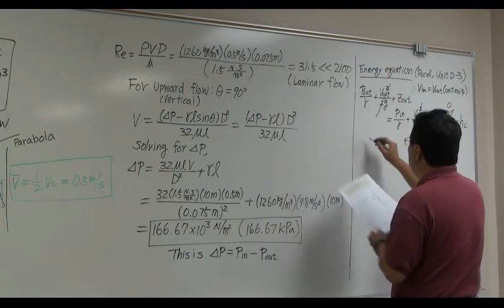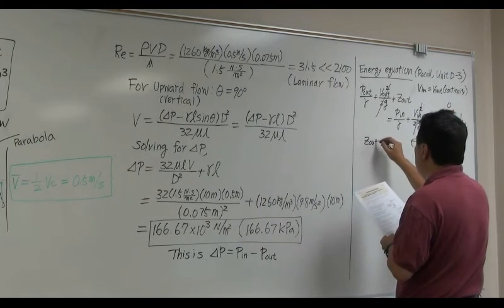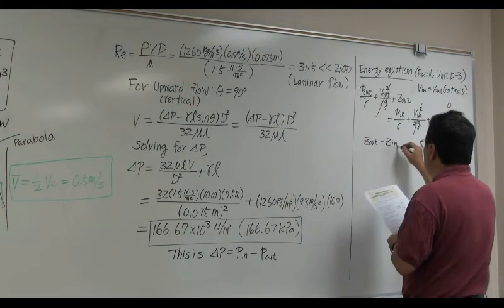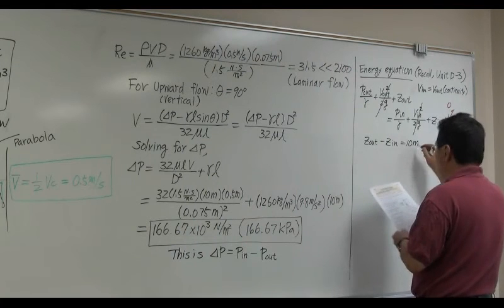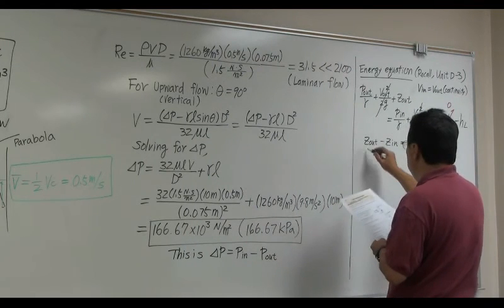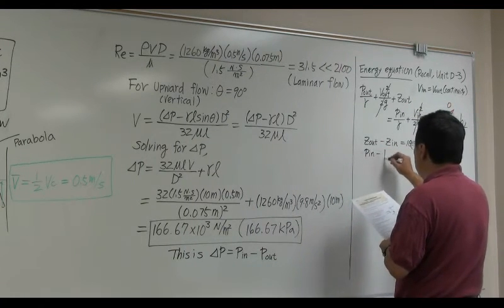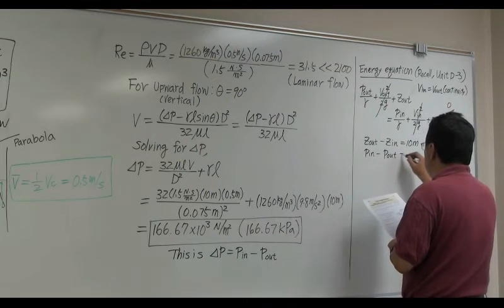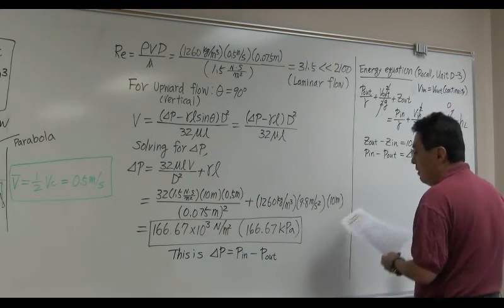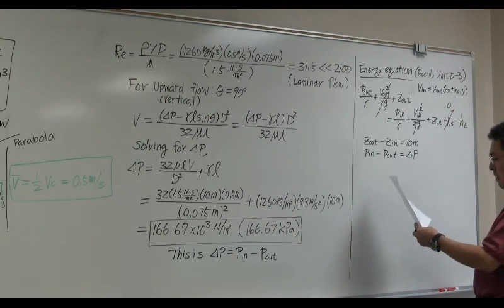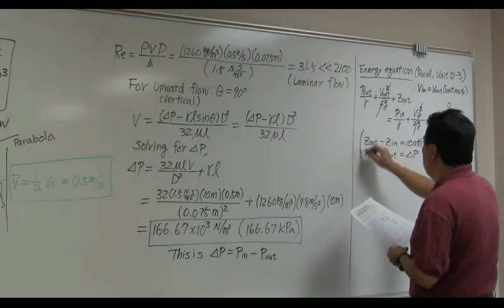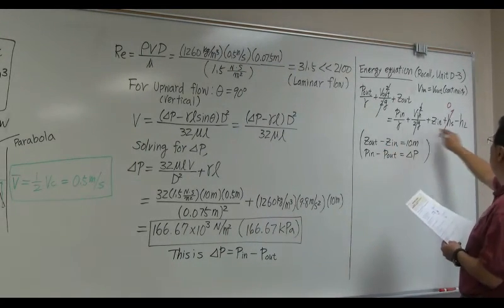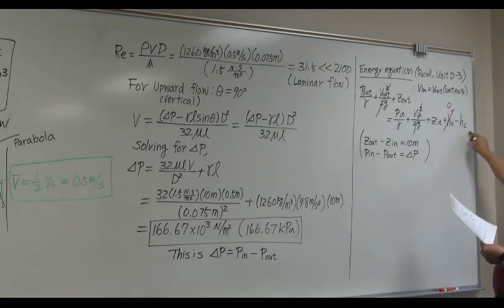And another thing, Z out minus Z in is equal to 10 meter. And then P in minus P out is equal to delta P. Then we do know what the delta P is, okay? Therefore, from this equation, you can determine head loss.